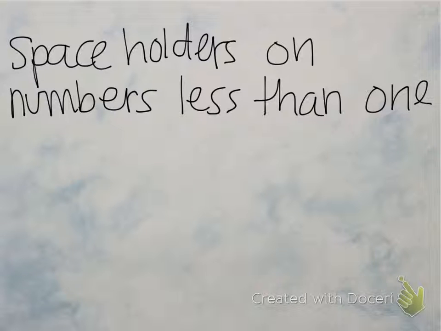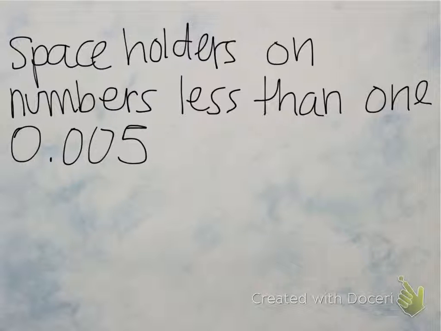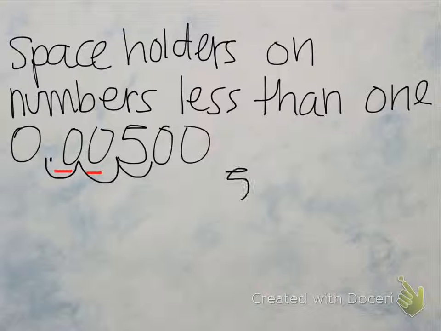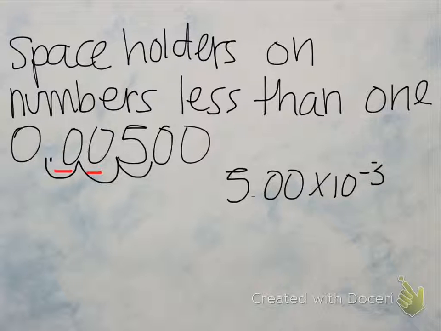So if we had a number like 0.00500, we did that example already. These two zeros are what we call space holders, because in actuality we could rewrite this number as 5.00 times 10 to the negative third.